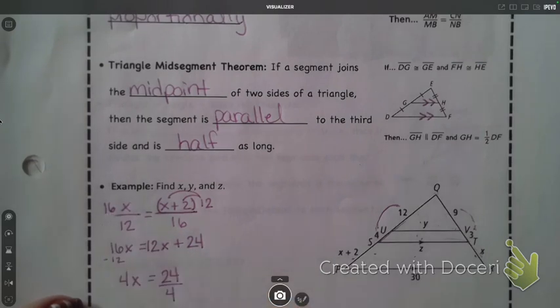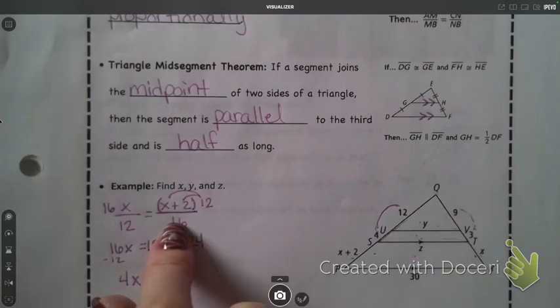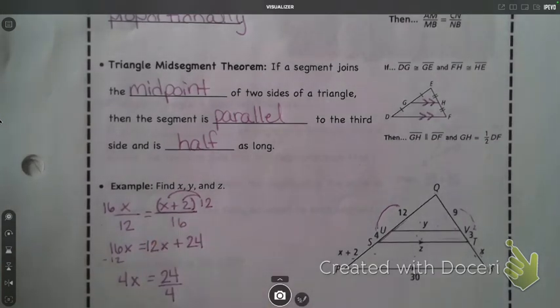You just have to do the same thing. You have to distribute. So even if you move the x plus 2 over, you would still distribute the number. You always have to. It's a quantity. That's why I said put parentheses around that x plus 2, because if you don't, you'll forget to distribute. It's x equals 6.